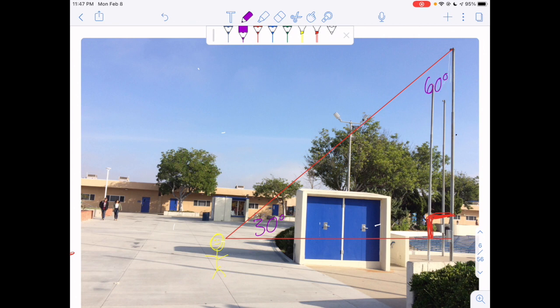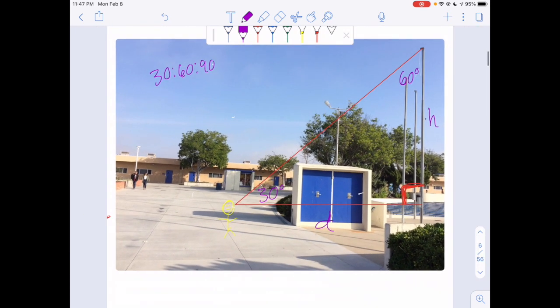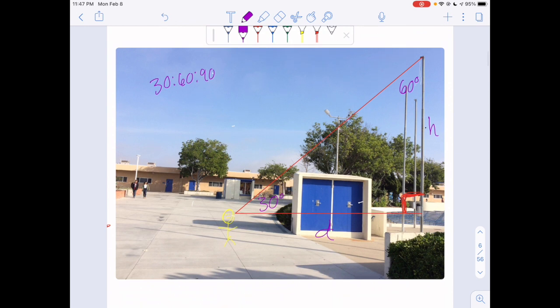And so if I could find the distance here, then would I not be able to use our 30, 60, 90 right triangle to solve for this missing height? So that's one way to do it, right? If this is exactly a 30-degree angle in which I look up.